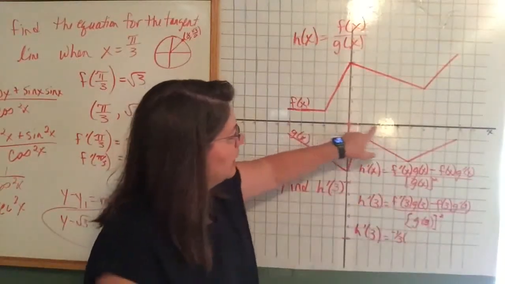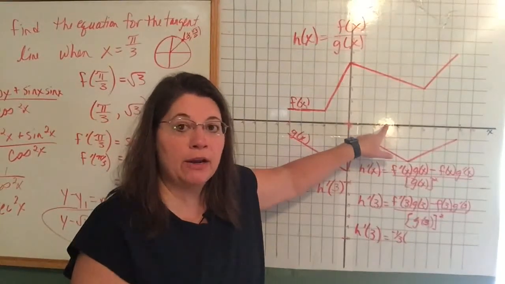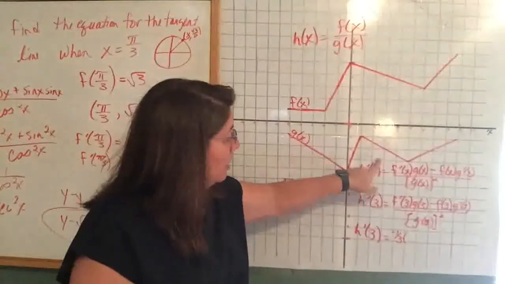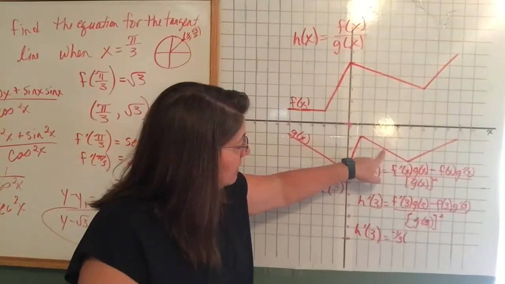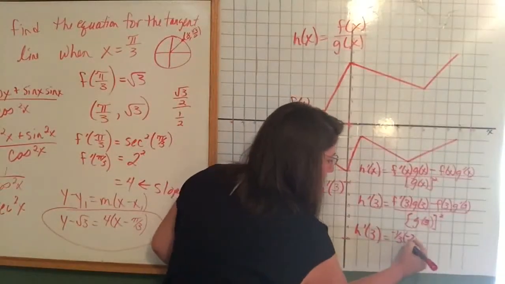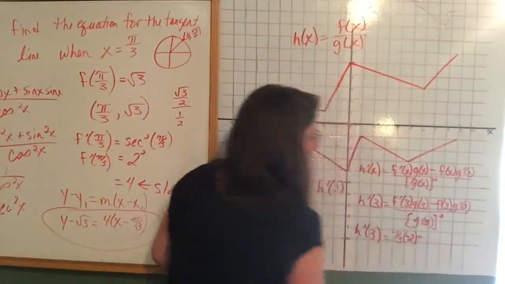Okay, I go to 3. G of 3 is the y value of the ordered pair at 3 of the g function. So I go to the g function. The ordered pair at 3 is 3, negative 2, so the y value there is negative 2. So g of 3 is negative 2, minus f of 3.